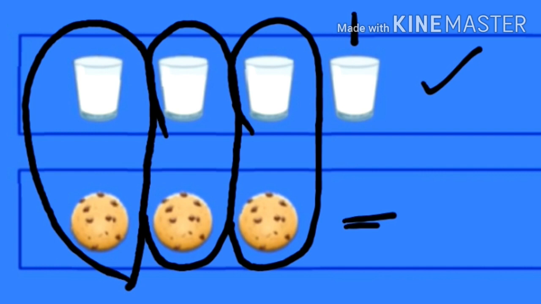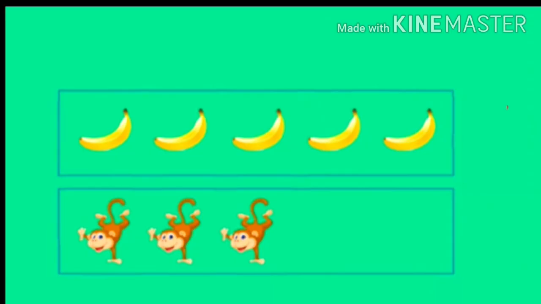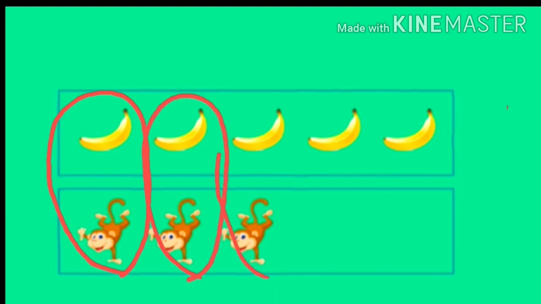Okay, now let us go to the next picture. Here you can see some bananas and some monkeys in different groups. Now let us find which group has more and how many more it has, and which group has less, how many less it has than the other group, by making pairs like this. You should take one thing from each group and make pairs.